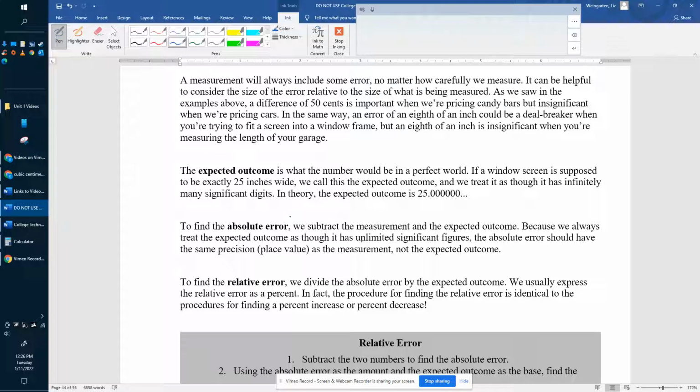Absolute error is the difference between what that candy bar should have been and what it actually is. The relative error is the percent difference. So we'd already talked about percent difference in the last 2 sections. So now we are talking about the relative error, the percent error.